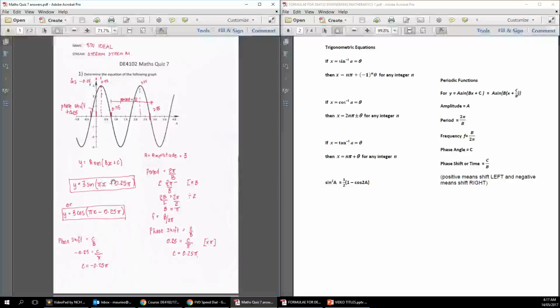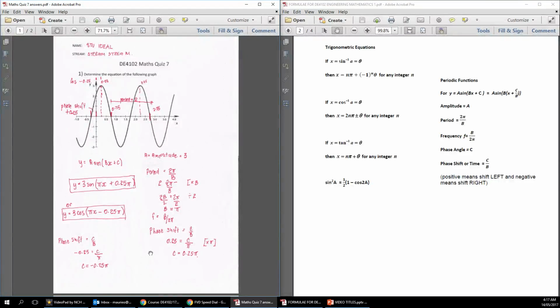So both of these equations define this graph, but one is a sine graph with a positive phase shift, also known as the phase angle, phase shift or time shift, or it can be a cosine graph with a negative 0.25 pi. So both of those would be acceptable answers.